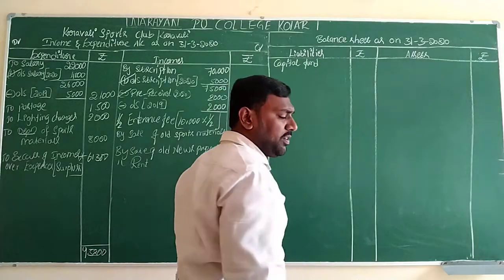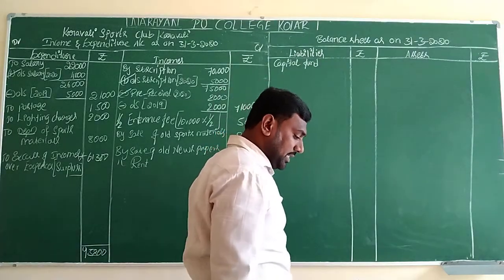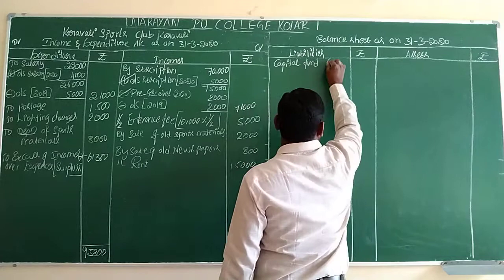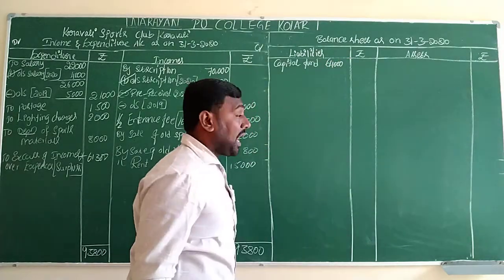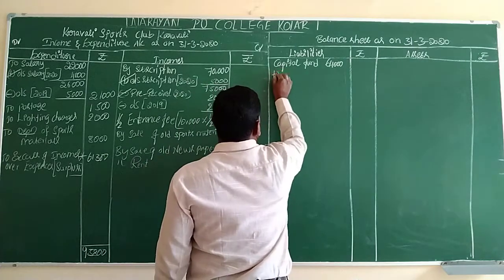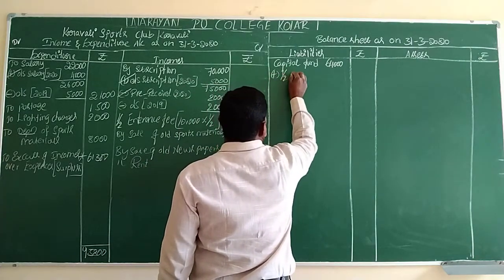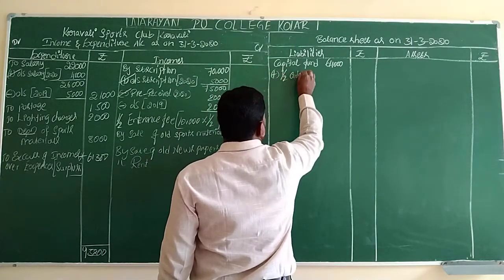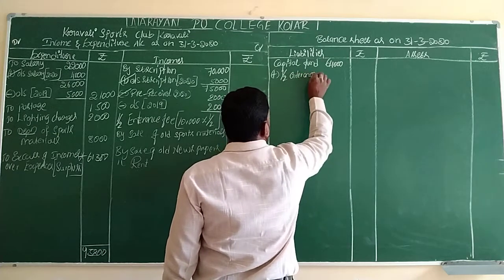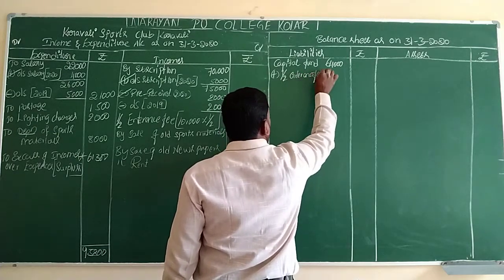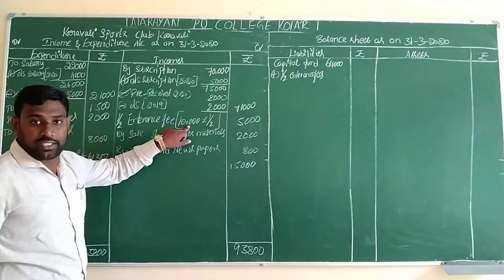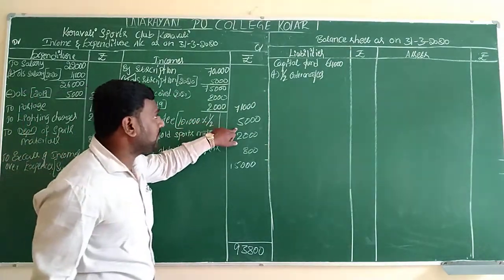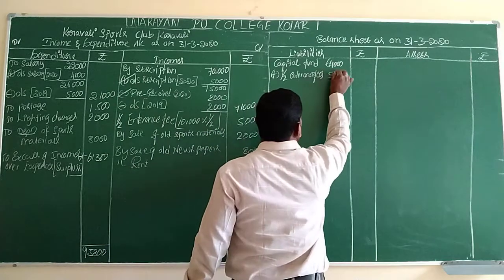Already we have a capital fund in the previous balance sheet, that is 64,000. To this capital fund, we should add half the entrance fees. The actual entrance fees is 10,000, half of that means 5,000. That 5,000 we should add here.